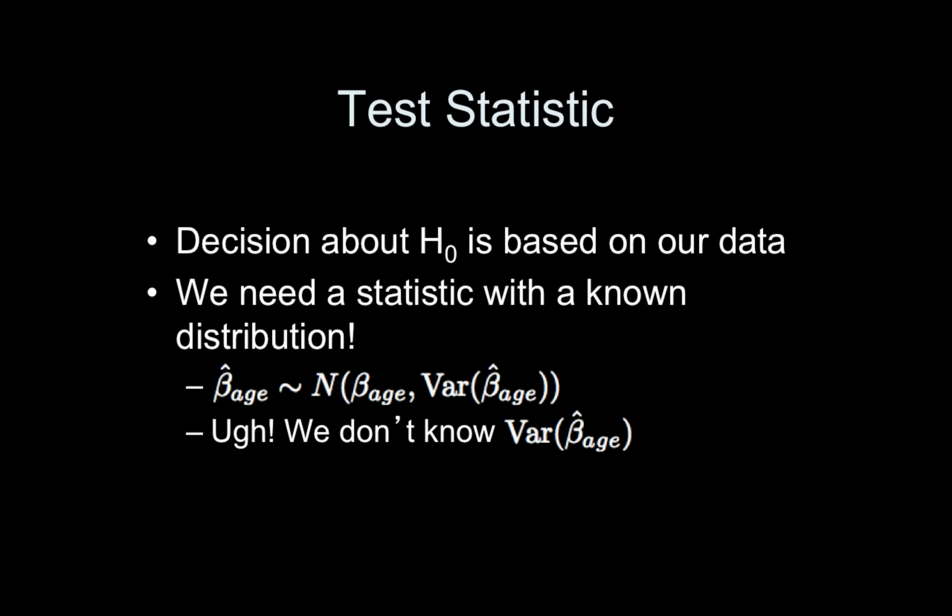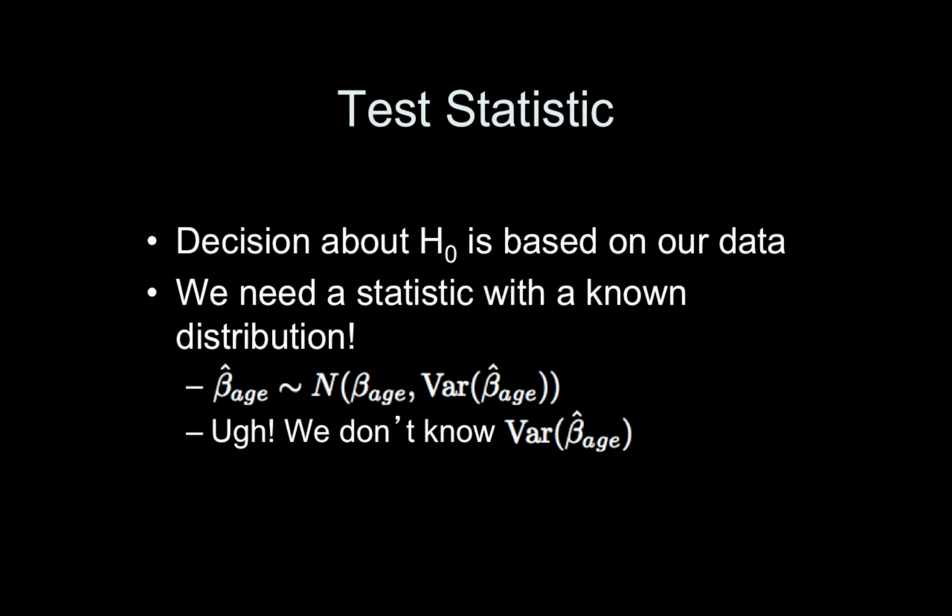Next up, we need a test statistic. So we need to somehow take this parameter beta and see if we can, well, we need the p-value. So before we get to the p-value, we need to be able to describe our parameter using a distribution. I'm not going to go through it, but we are going to assume today, we haven't made this assumption yet, that the errors are distributed normally.